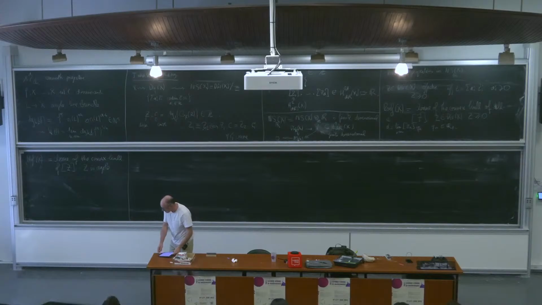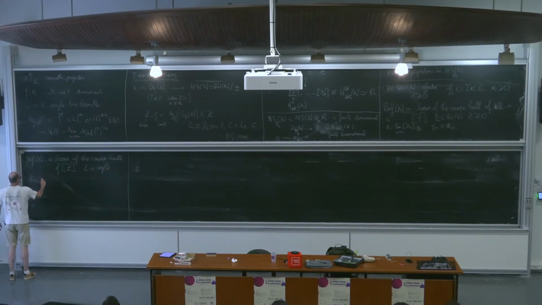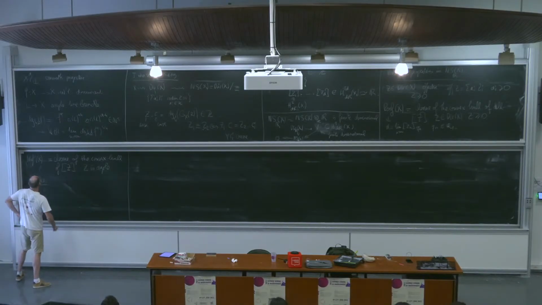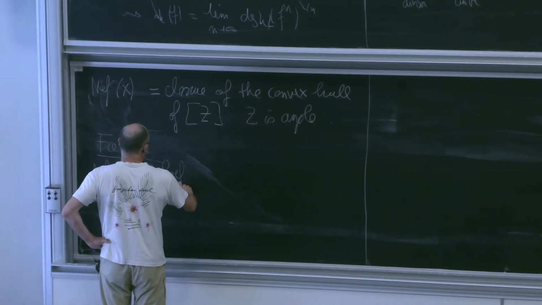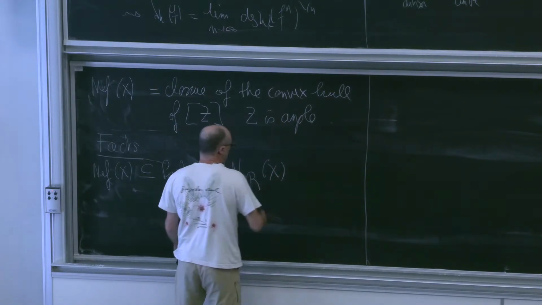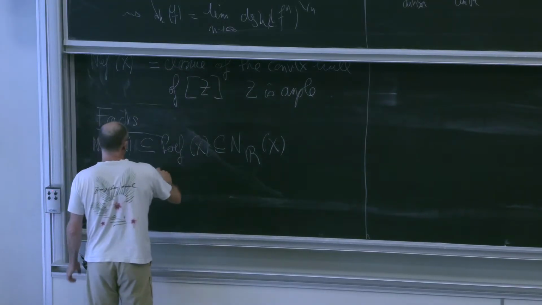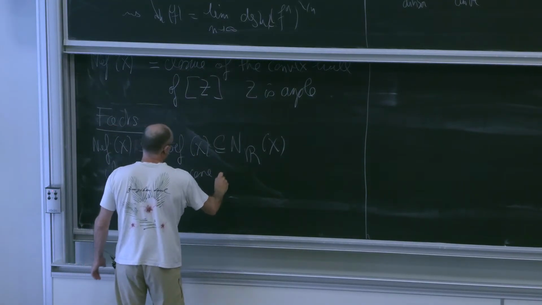Okay, so I need a couple of facts about these cones that I will not spend too much time on proving. So the nef cone: any ample divisor is effective, so the nef cone sits inside the pseudo-effective cone. And just by definition, they are closed convex cones.